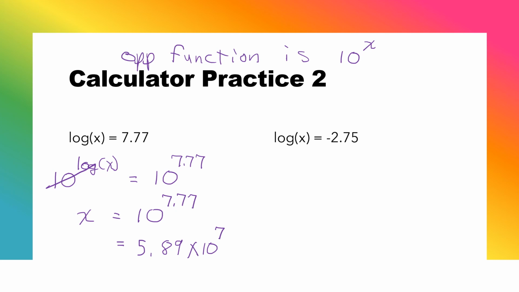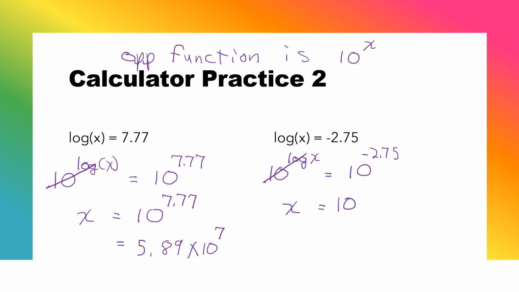One more example. Over here on the right, we have that the log of x is equal to negative 2.75. And so I need to raise 10 to the powers of the two sides of this equation. So we'll do 10 to the log of x is equal to 10 to the negative 2.75. The 10 raised to the log cancels out, leaving us just x over on the left.